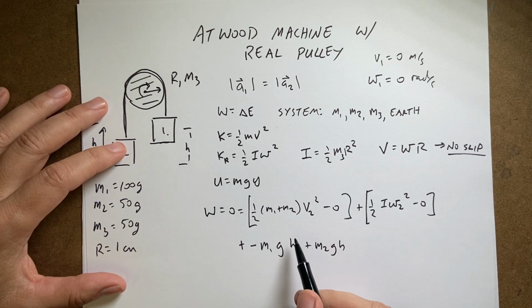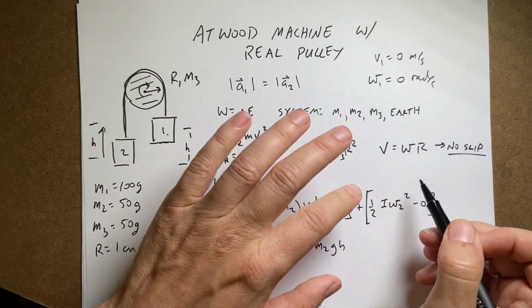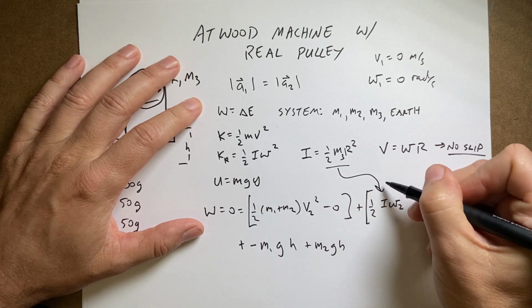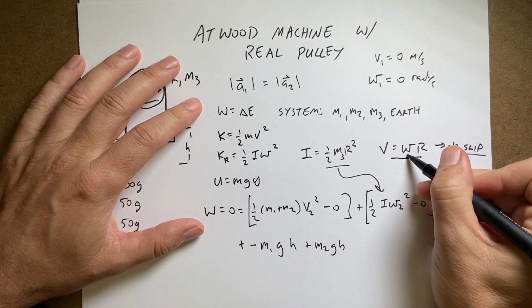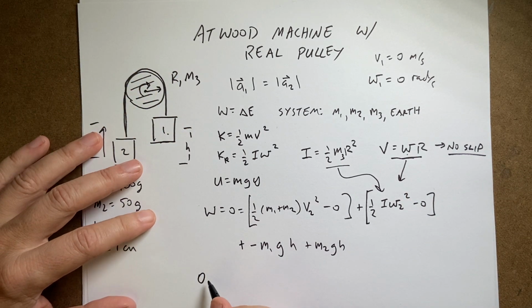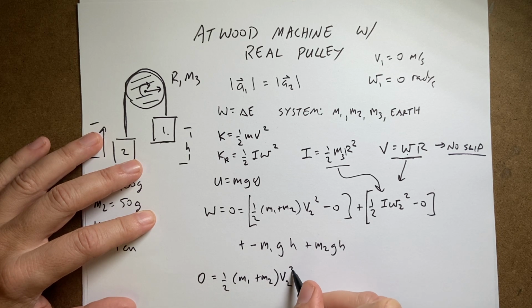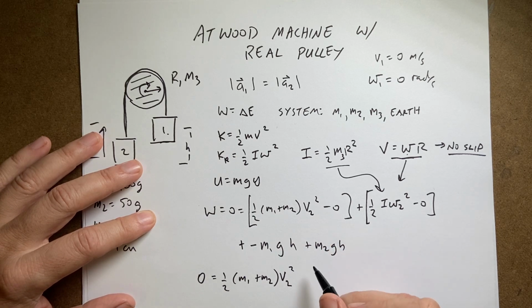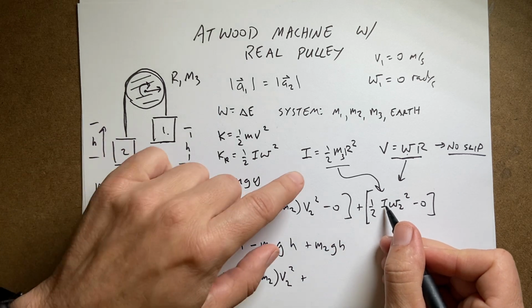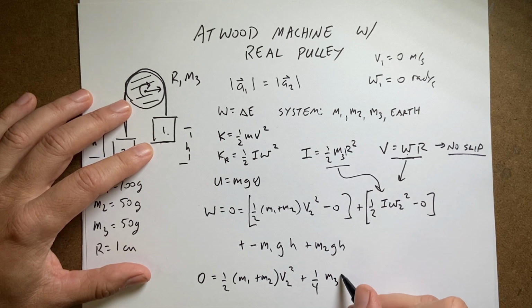Okay, so let's clean this up a little bit. I'm going to put in this stuff and this stuff here. Omega is v over r right there. So I get 0 equals 1/2 m1 plus m2 v2 squared, plus 1/2 times 1/2, so it's going to be 1/4, and then the mass is going to be m3, and then r squared.